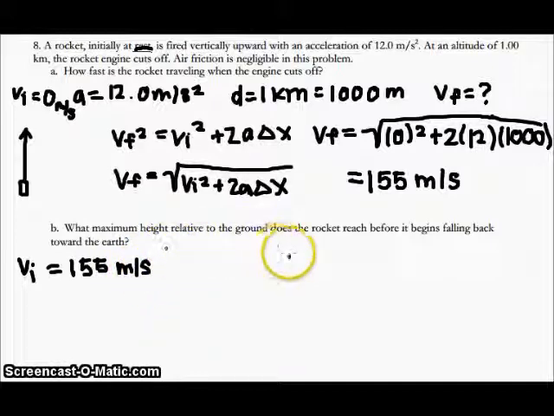We can't use this acceleration because that's with the rockets. So the only acceleration acting upon this rocket right now is gravity. And so the acceleration of gravity is 9.8.